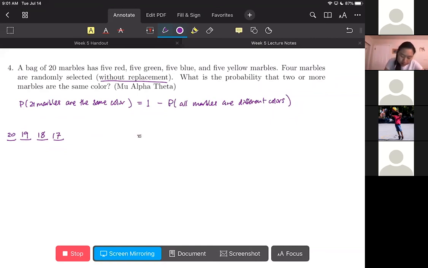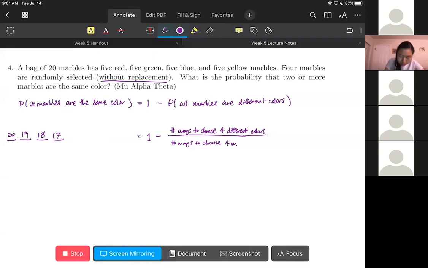So let me write this down. This is going to be the number of ways to choose 4 different colors over the number of ways to choose 4 marbles. And we're just calculating the bottom here. So that's going to be 20 times 19 times 18 times 17.